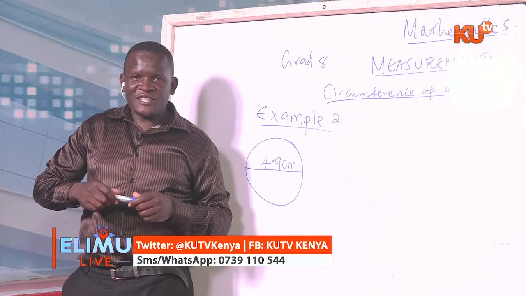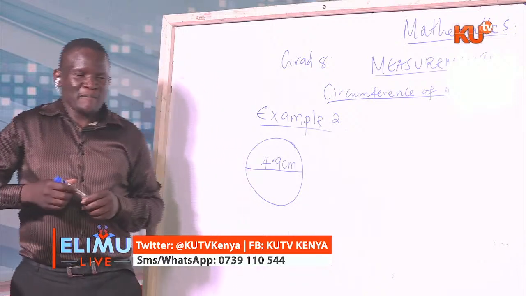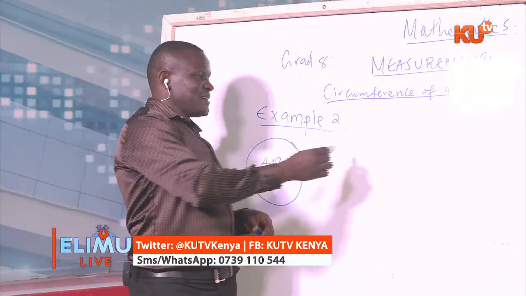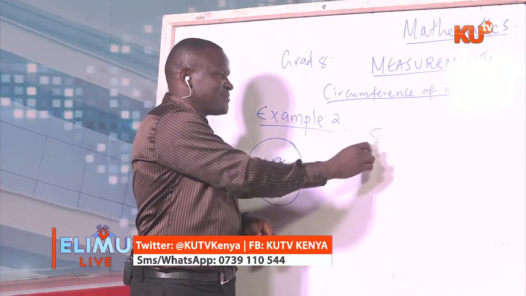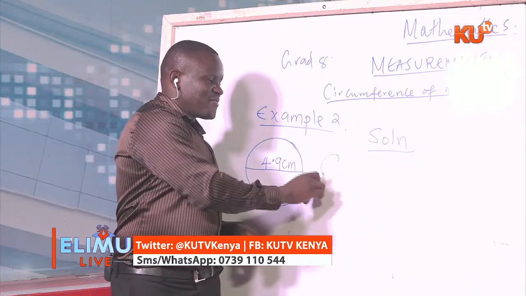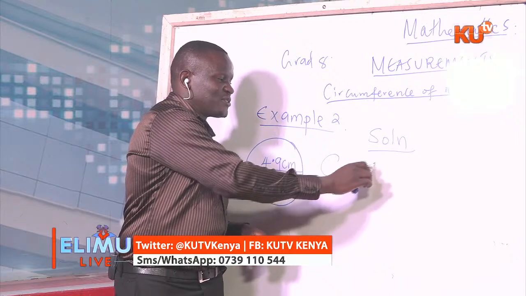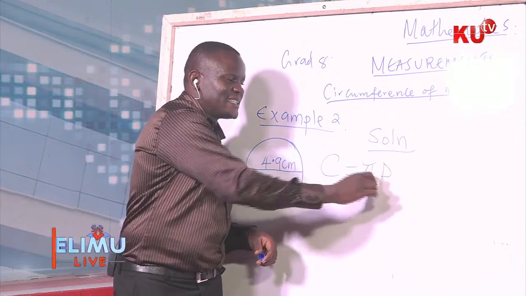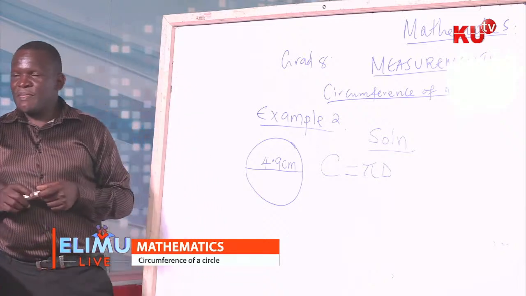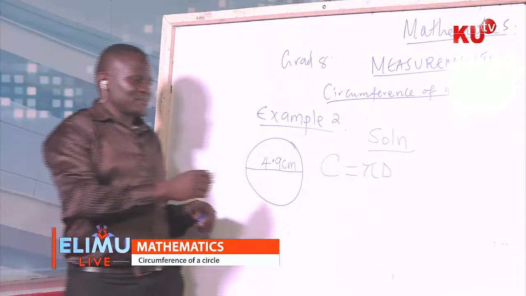So we are going to follow the same procedure. Our formula will still remain the same. Circumference is equal to pi d.